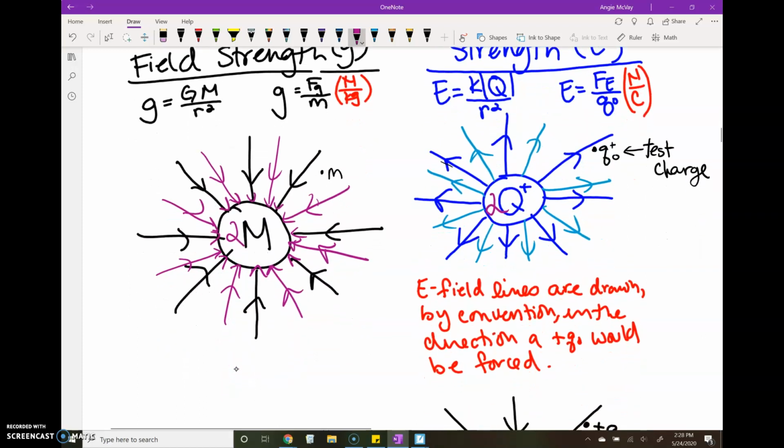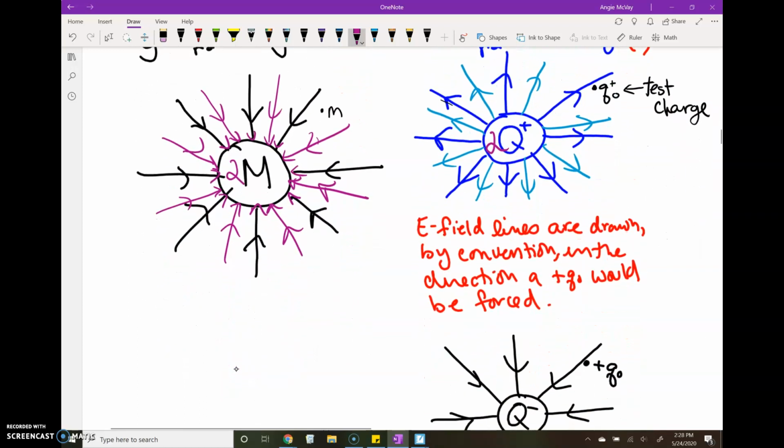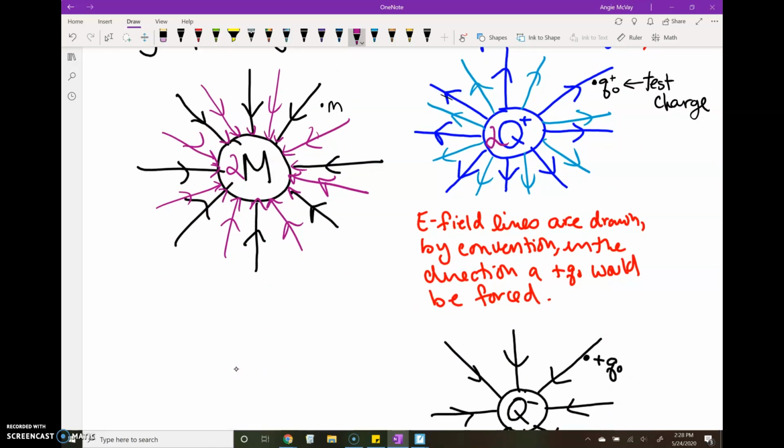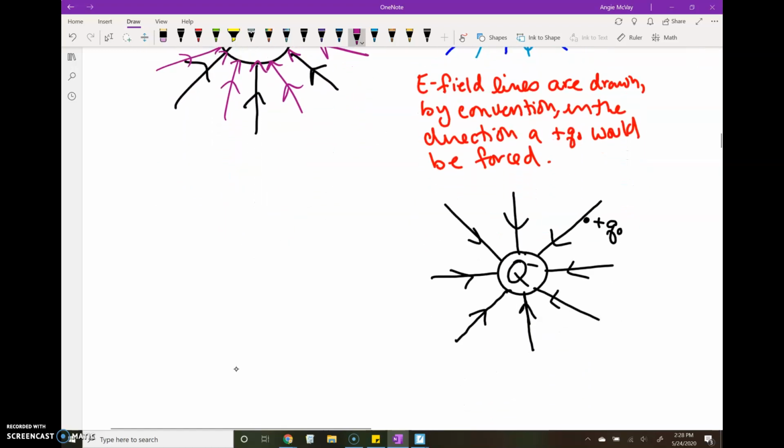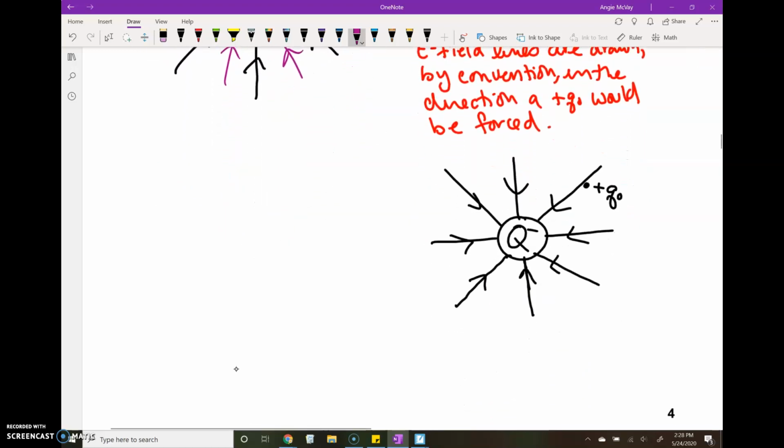Now, here's a note that I made here. Electric field lines are drawn by convention in the direction a positive test charge would be forced. And so if we had a negative charge that was creating an electric field, you want to draw in a little tiny positive test charge and imagine what direction that would be forced.